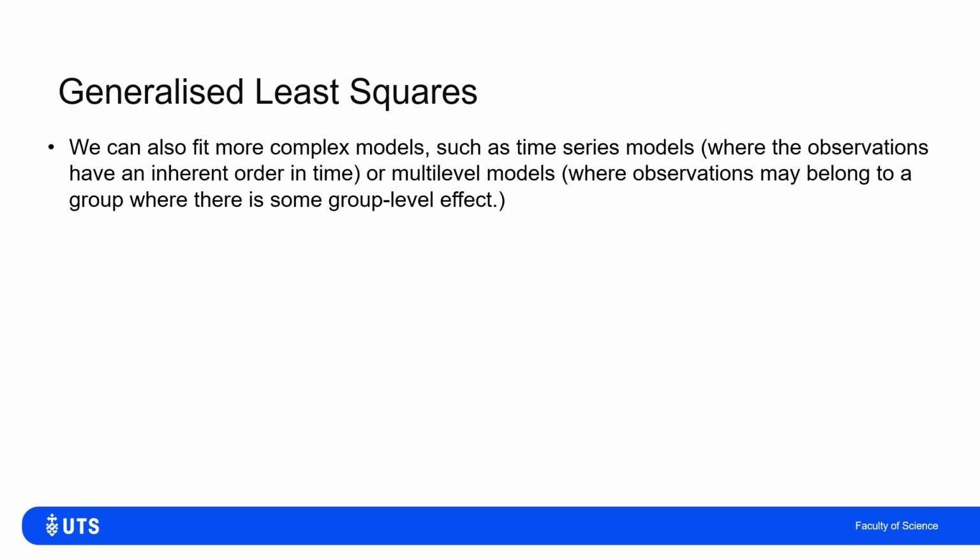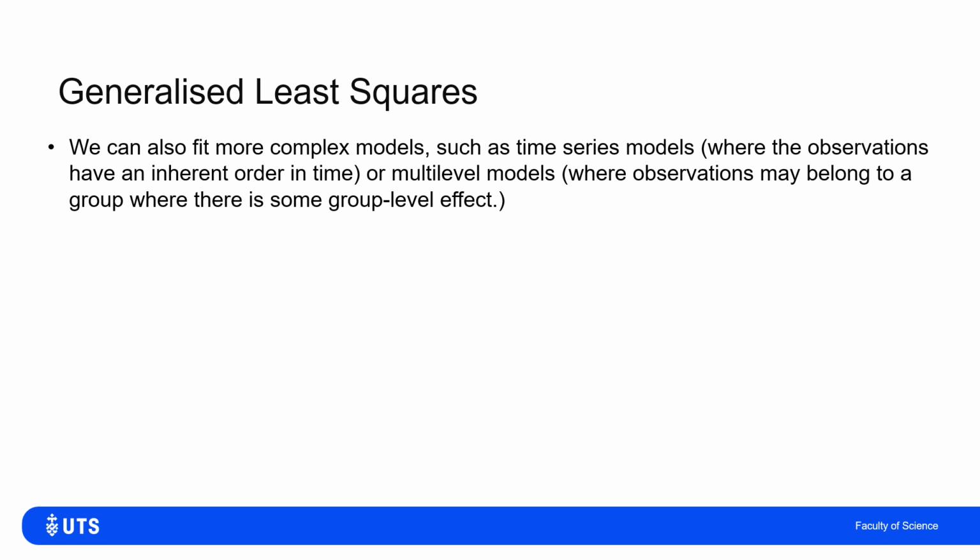For the multiple linear regression, we did introduce some distributional assumptions that the errors were normally distributed, constant variance, and uncorrelated. Now, we can actually fit some more complex models by relaxing those assumptions, or indeed introducing other assumptions. So, like time series models, where I have an inherent ordering of the terms, that the second observation happened after the first but before the third.